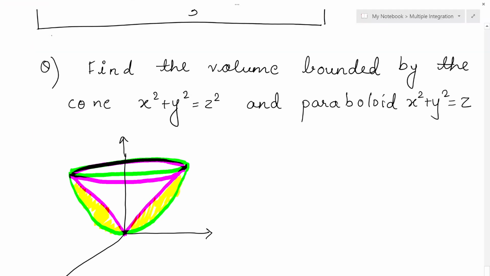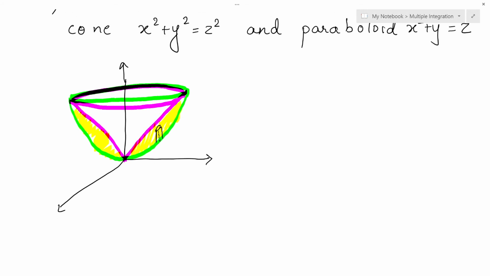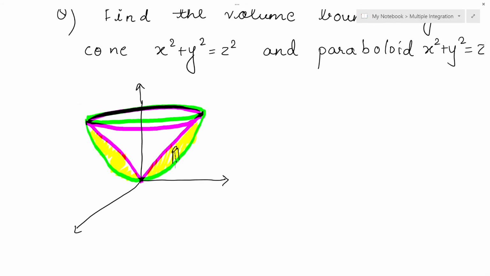Right? So now what you have to do, the strip something over here. That means let us find, by the same logic, the equation for z. What are the values of z? You can see clearly that it is touching this green. Green is nothing but your paraboloid.